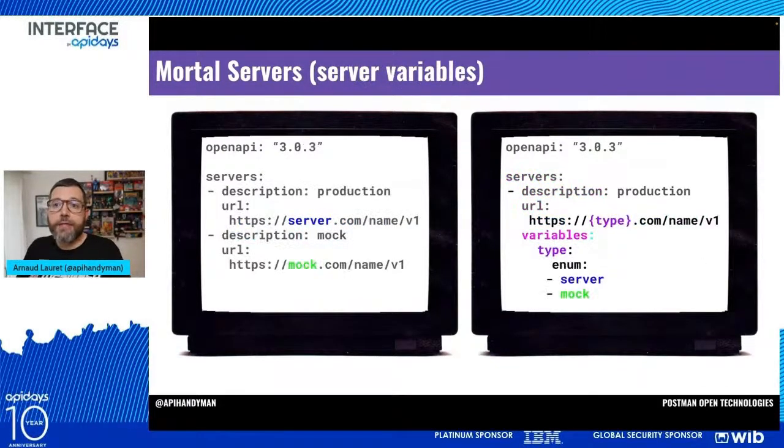You can also take advantage of variables when you define your servers. So here I have a single server, which can be a mock server or the real server. And all these possibilities are really wonderful, for instance, when you want to configure an API gateway. Because in your document, you can put the server for the backend, the server for the front end, which will be shown outside of the gateway, and the gateway will deal with that.